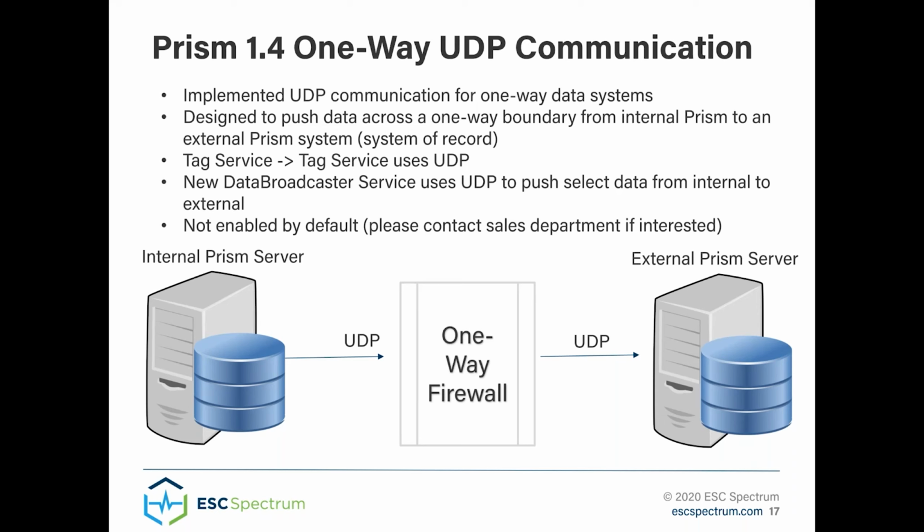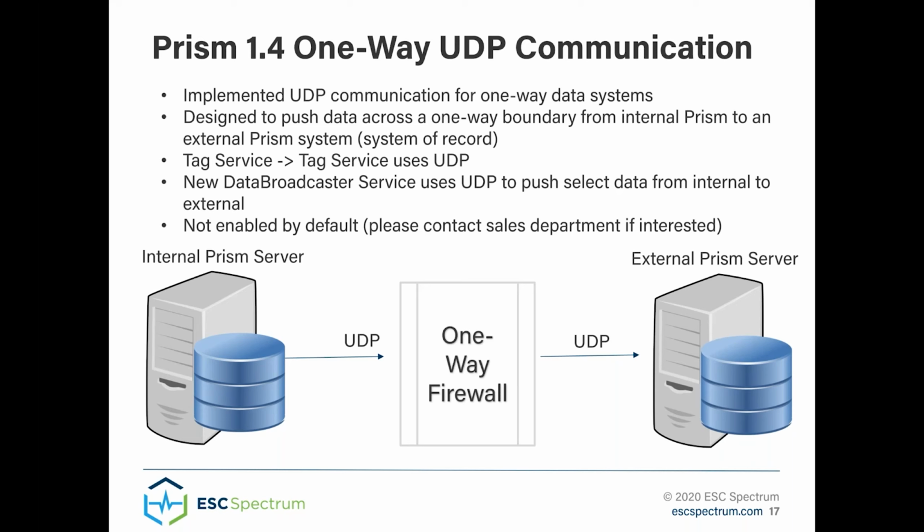So basically, we've designed the tag service to implement UDP data push. From one instance of the tag service to the other, it will push real-time data via UDP across a one-way boundary. And we've also written a new data broadcaster service, which pushes some data via UDP across a one-way boundary as well, from the internal server to the external server.